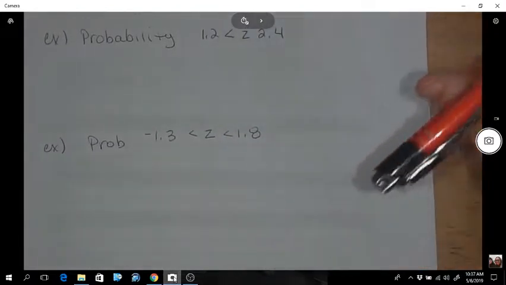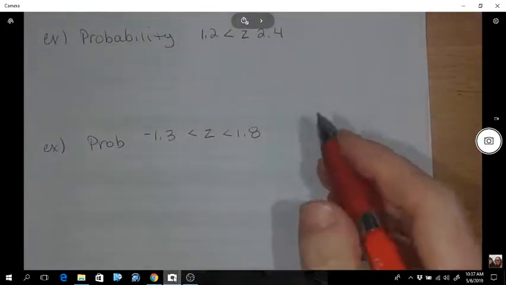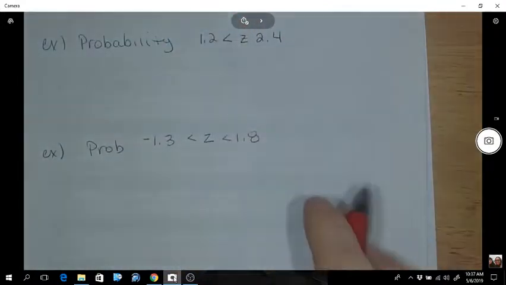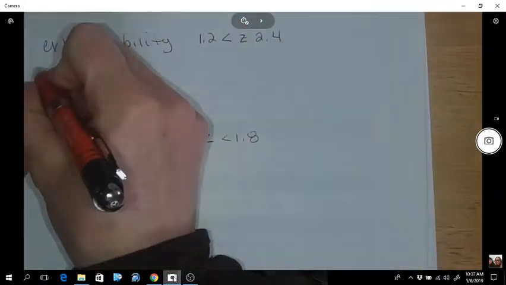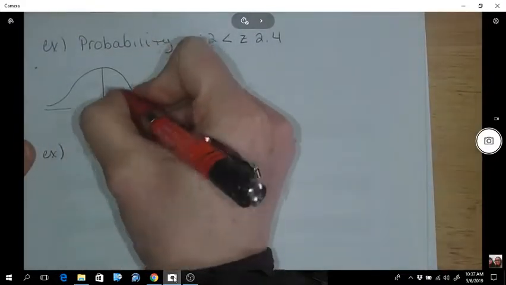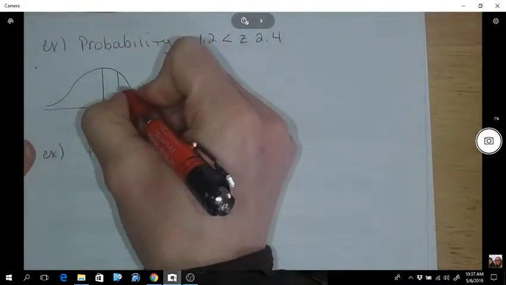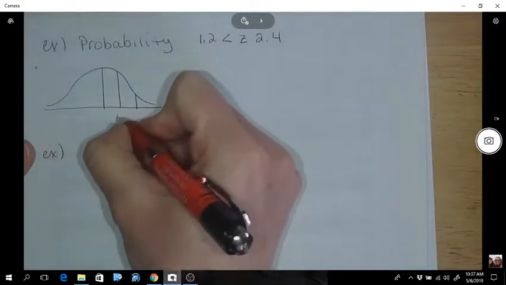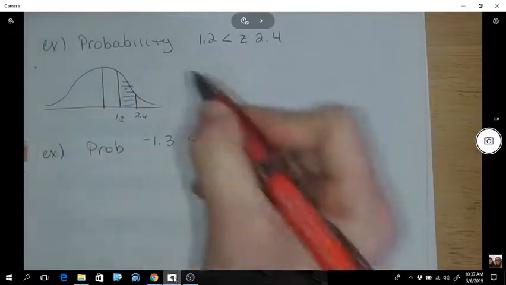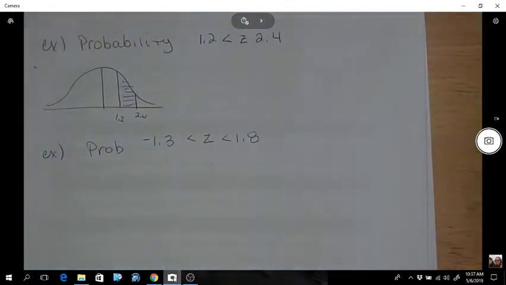Okay, two more questions here. The probability that Z is between 2.4 and 1.2. Okay, so let's go on our normal curve. That is what I'm trying to find.